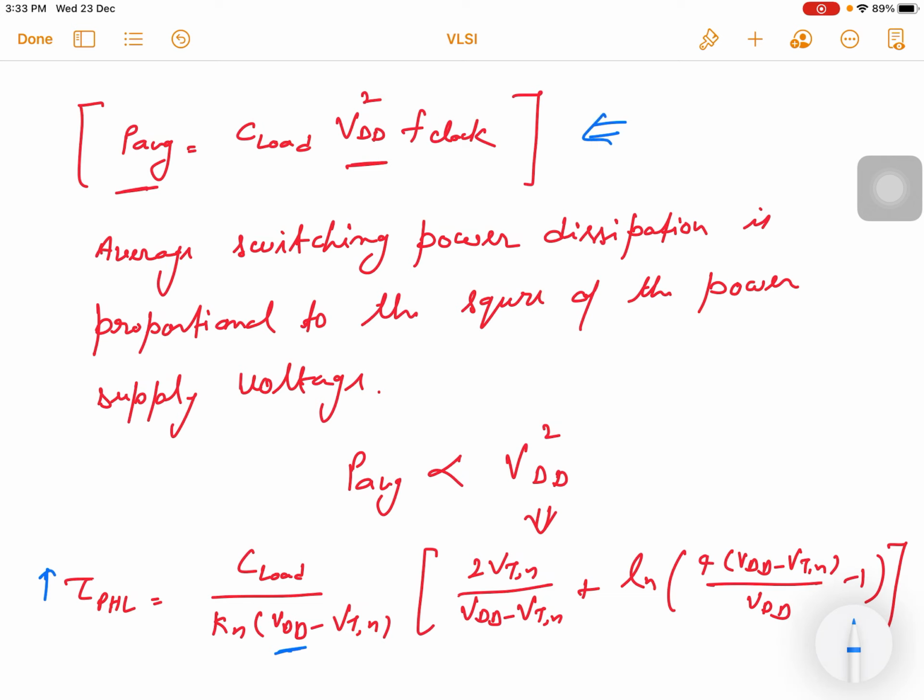From here you can directly find that P average is directly proportional to VDD square. Now we have to focus on how we can reduce VDD. But when we reduce the VDD value, it will affect the delay, and your delay is going to increase. So you have to optimize these two parameters.